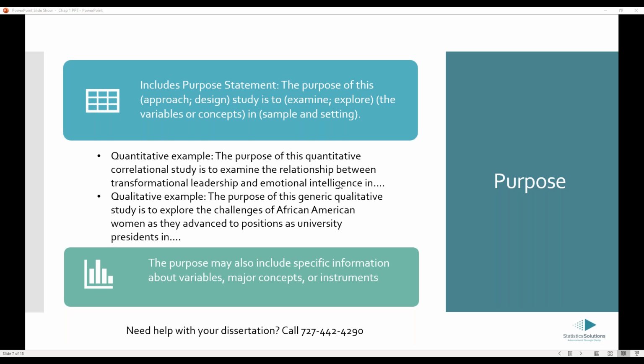So it captures the specifics of not only the approach and the design, but also what it's doing in the verb: examining, exploring, investigating.